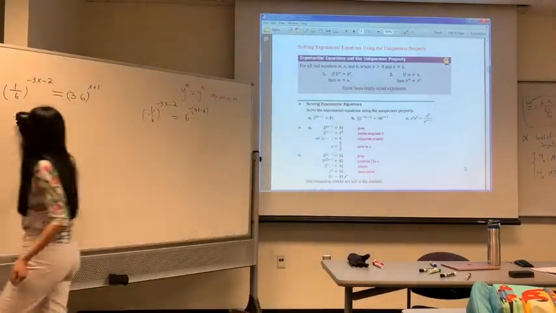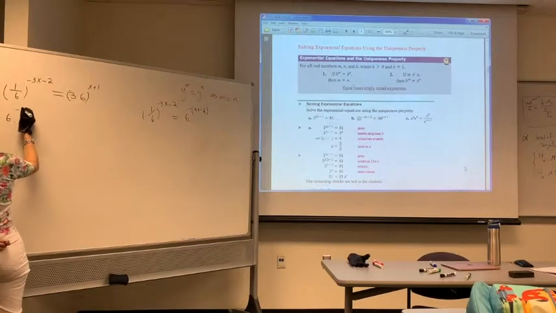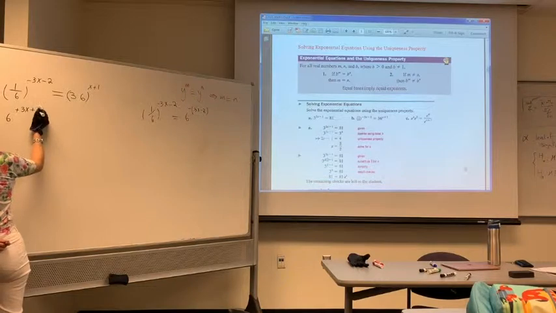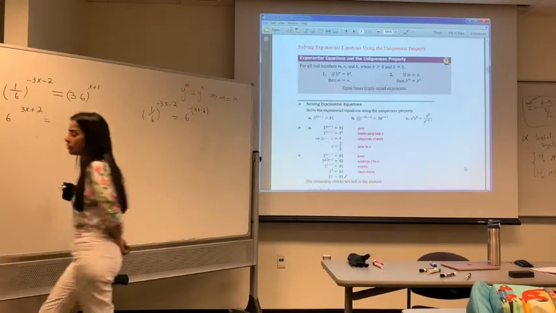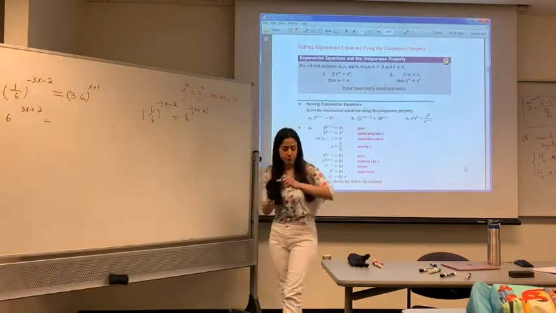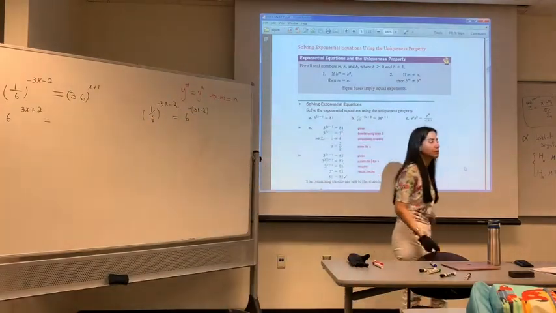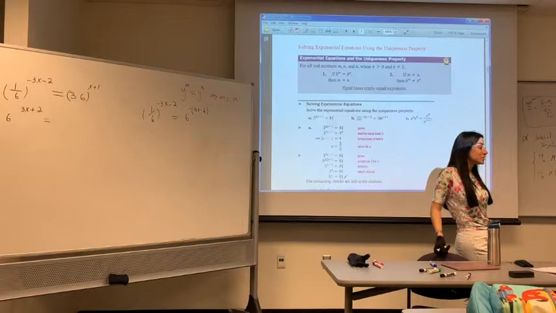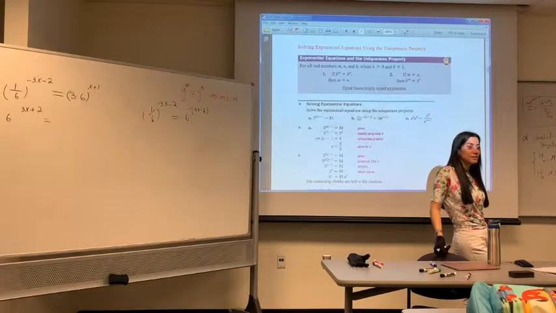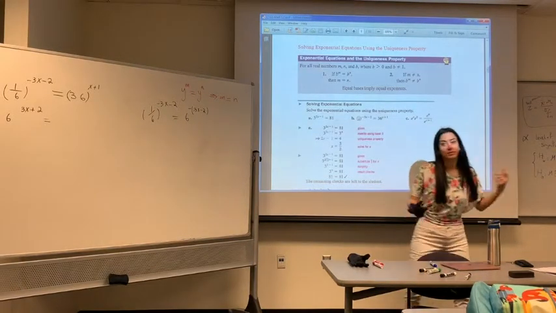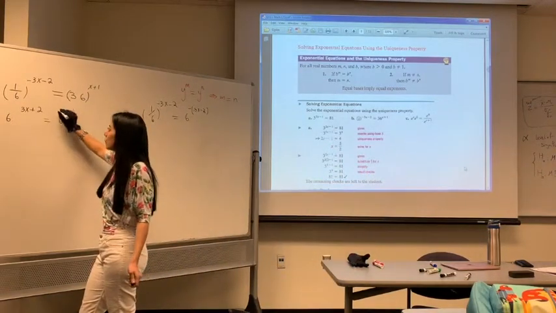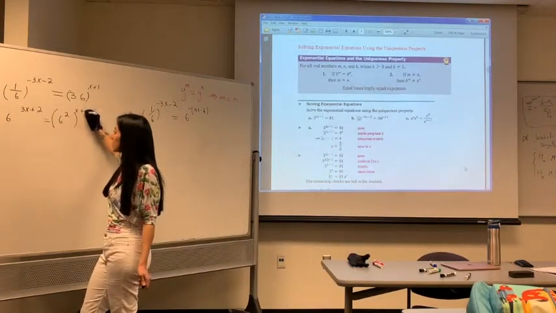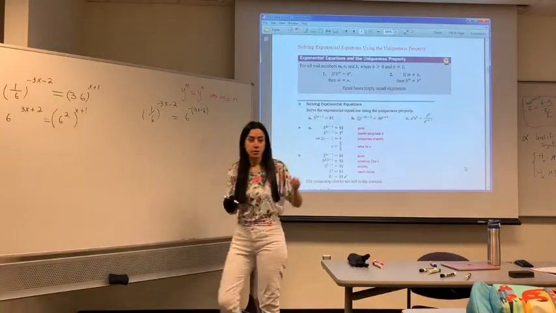So I will put that here. We have 6 power positive 3x plus 2, right? Equal to, okay, now 36 is 6 power 2, right? Is that correct? Yes. So 6 power 2. Correct?